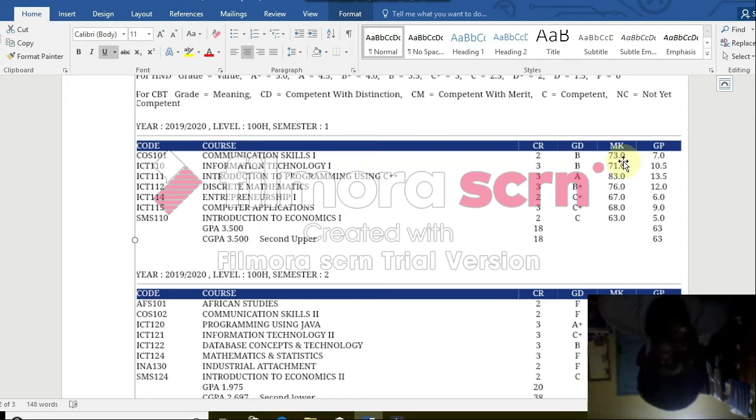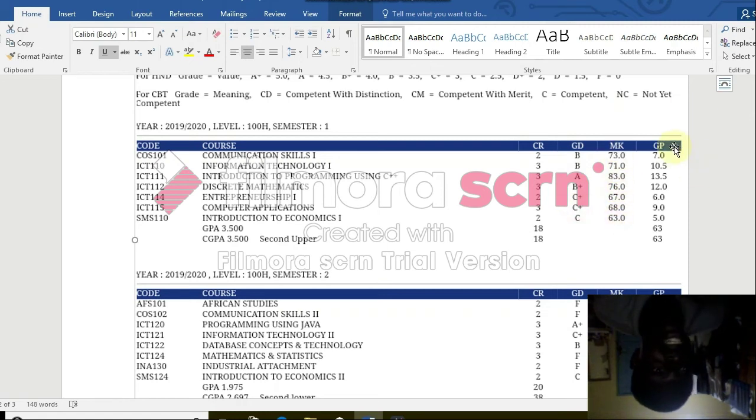And the 73 gives you grade B. Then Information Technology 1, the person had 71 as his marks. That also gives you grade B. 83 gives you grade A. 76 gives you B plus. So that is the marks, and these are the grades awarded to these marks.